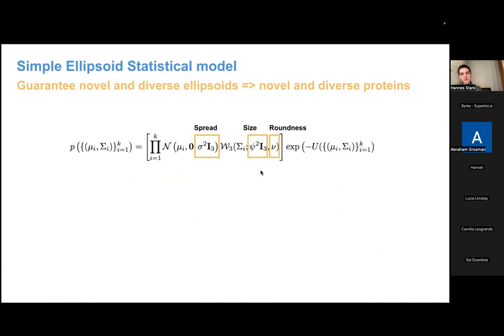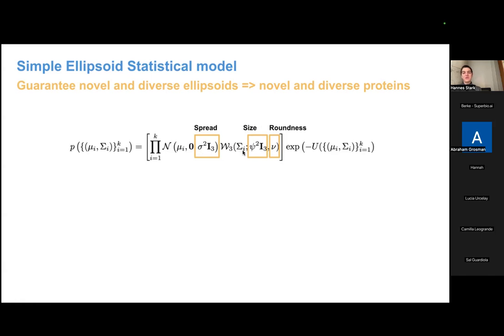To do that, we have this simple model over 3D ellipsoid layouts, which is just a Gaussian over the centers of the ellipsoids. Then you have this parameter, sigma in your Gaussian, which controls the spread of your ellipsoids. Then it is a Wishart distribution over the covariance matrices of the ellipsoids.